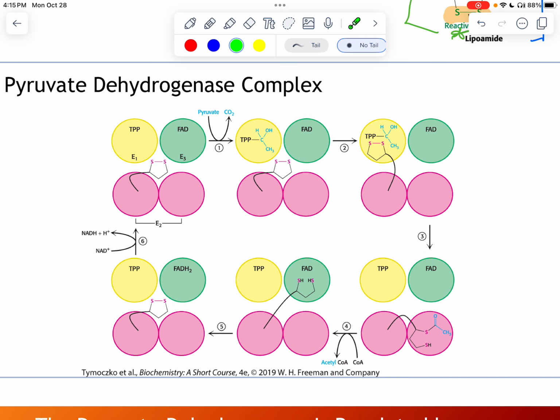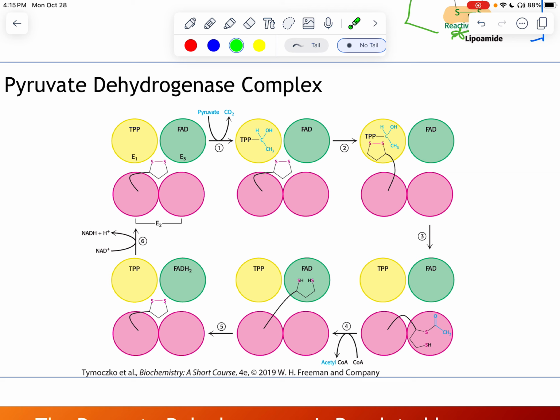So then this swinging arm down here is going to come up here. And interestingly, there's not just one swinging arm per complex, but there's multiple, maybe about 80 per complex. And so this can happen over and over and over. But this swinging arm is going to come up here.